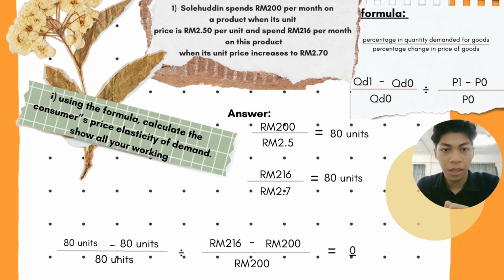So the answer would be 200 ringgit over 2 ringgit and 50 cents, which will get 80 units, and 216 over 2 ringgit and 70 cents will also get 80 units. So 80 units minus 80 units over 80 units, divided by 200 ringgit and 16 cents minus 200 ringgit over 200 ringgit. We'll get the answer 0.